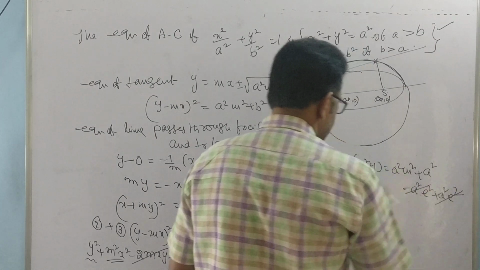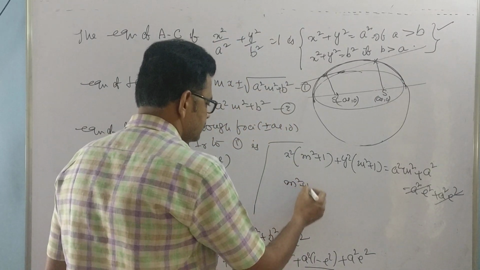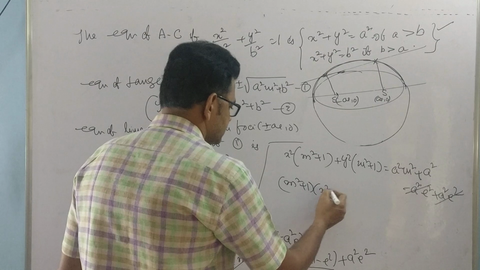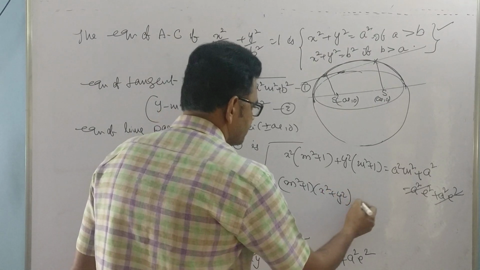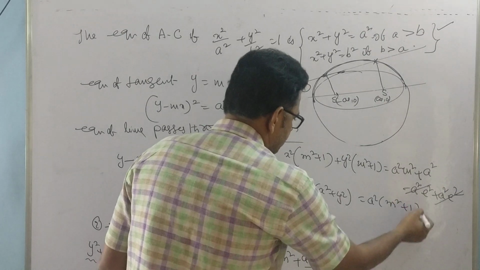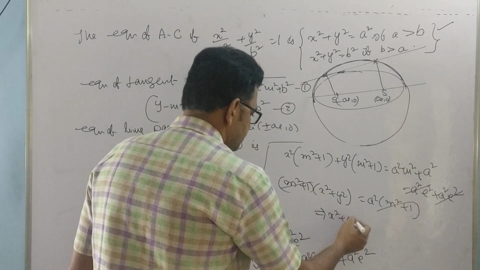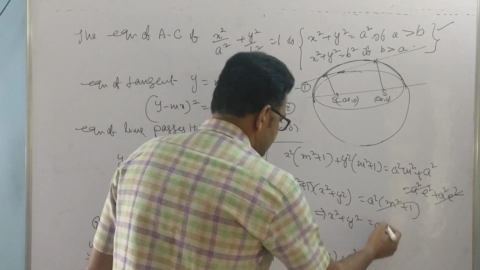These two get cancelled. So m square plus 1 into x square plus y square is equal to, taking a square common, m square plus 1. So x square plus y square equal to a square.